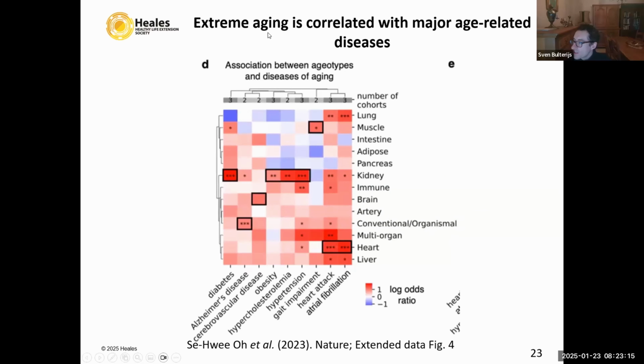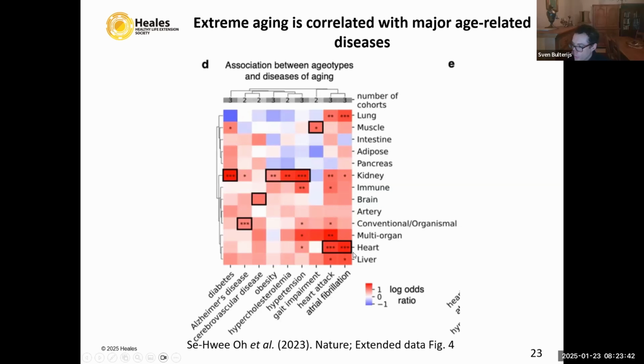And this extreme aging in an organ is correlated with major age-related diseases. So here you see the clocks, and here you see the diseases like diabetes, for example, and you see people with older kidneys, they have a much higher risk of developing diabetes. They also have a much higher risk of obesity, hypercholesteremia, and hypertension, for example.